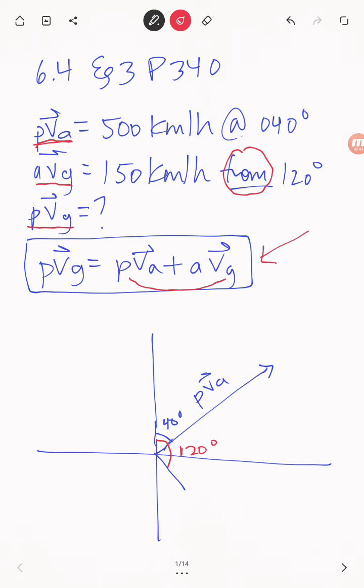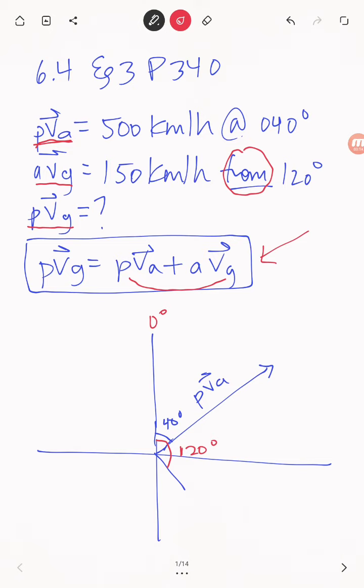All right, on my vector diagram below, I have already drawn and labeled the plane's velocity relative to the air, which is at a bearing of 40 degrees, so that's 40 degrees from 0 turning clockwise. And I've put on the velocity of the wind, AVG, but I have not yet put an arrowhead on it, because it's from a bearing of 120 degrees.